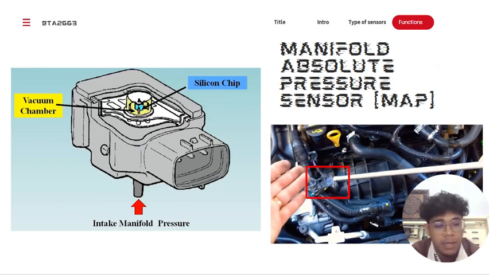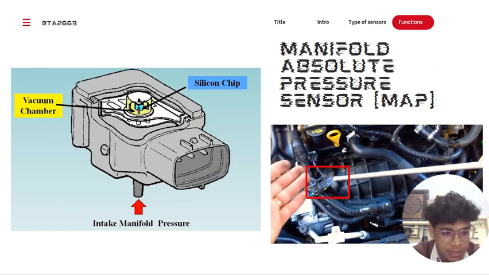The manifold absolute pressure sensor measures intake air pressure by relying on a tiny micro silicon chip. The silicon chip consists of a silicon membrane and a tiny piezoelectric material. The piezoelectric material reacts to the flexing of the silicon membrane under pressure by changing its electrical charge.